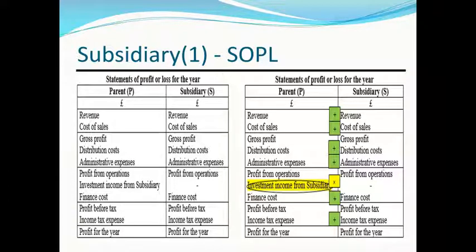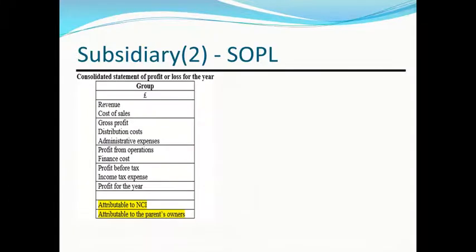So the next step here is to aggregate revenue with revenue and expenses with expenses for both the parent and the subsidiary. And the result here will be the group statement of profit or loss, aggregating the revenue and expenses of the parent company and the subsidiary.